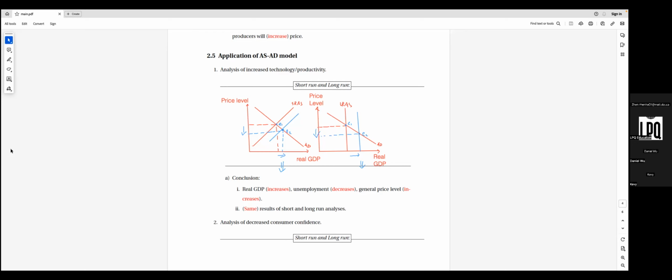And so this is case number one. And then you can fill these blanks. This time we got the same result from both the short run and long run analysis. As I check again, GDP increases, unemployment rate decreases. Oh, typo here. The price level here decreases, not increases.